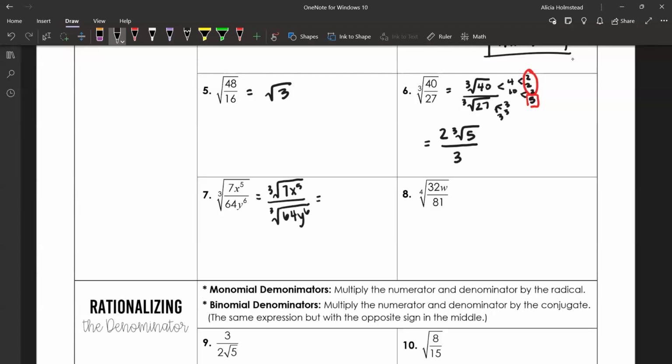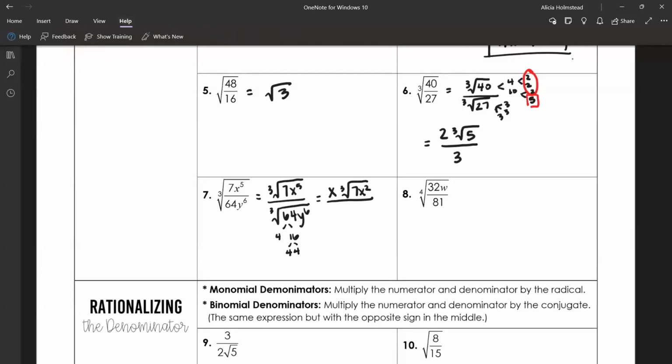Breaking those down, 7 is prime, so it can't simplify, but there's 5 x's and we need 3. So we can pull out 1 x with 2 left over. And then on the bottom, 64 is 4 times 16, and 16 is 4 times 4.